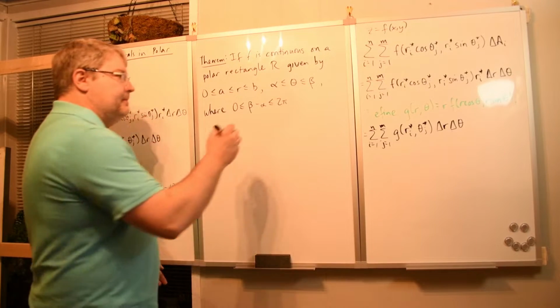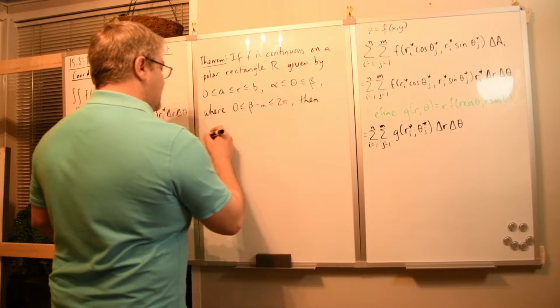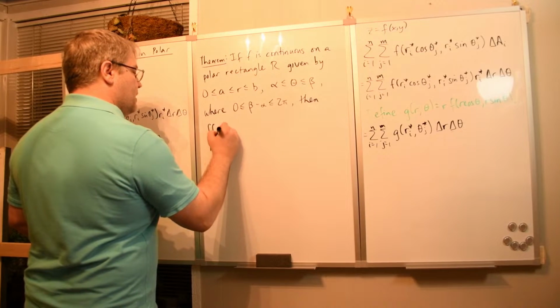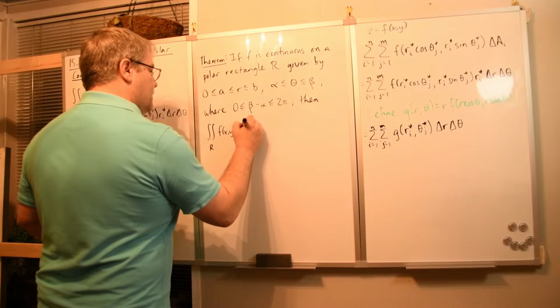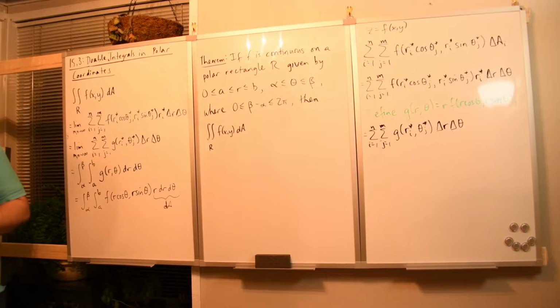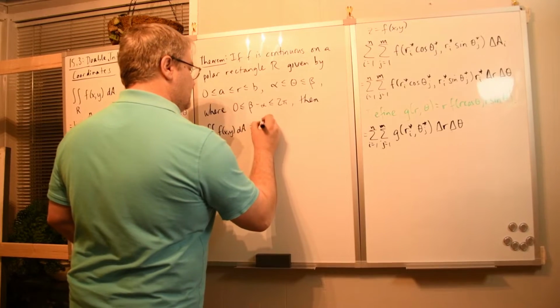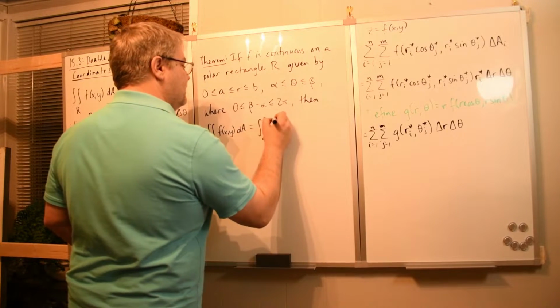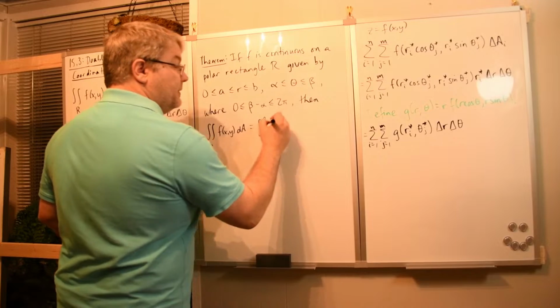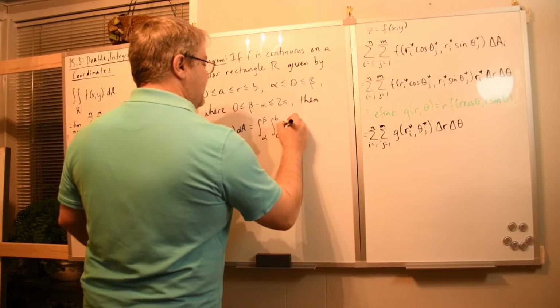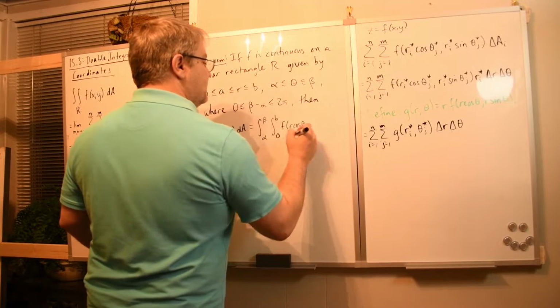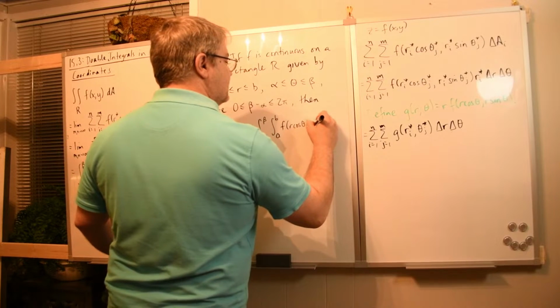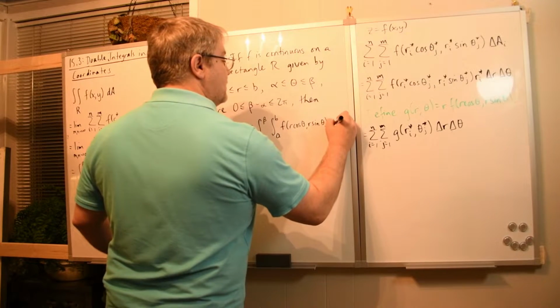Then what's going to happen is our double integral over R of f of x, y dA is going to be the same thing as, we'll have this outside integral from alpha to beta, inside integral from a to b, and we'll have f of r cosine theta comma r sine theta, r dr d theta.